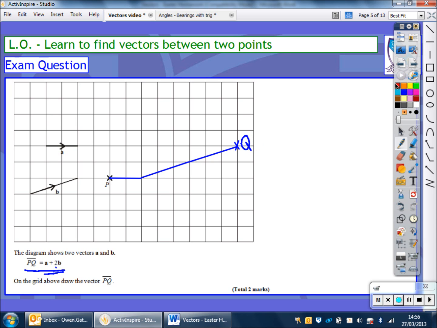And to draw the actual vector in, the vector from P to Q, we just want one straight line. So we need to draw the vector P to Q in like that. So a straight line going from P to Q, and we put a little arrow on there like that. And we could say that that vector is the vector A plus 2B, because that's what we've worked it out to be.